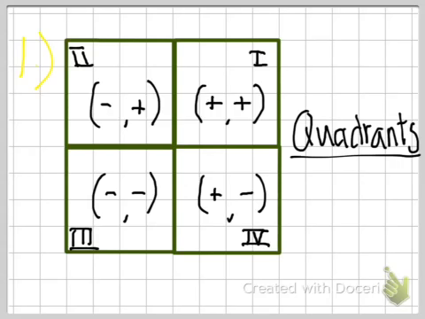Quadrant 3 is in the bottom left, where both x and y are negative. Quadrant 4 is located on the bottom right, where you have a positive x and a negative y. It's called the coordinate plane, not Cartesian. Also, the bottom right looks like a guy winking at you.